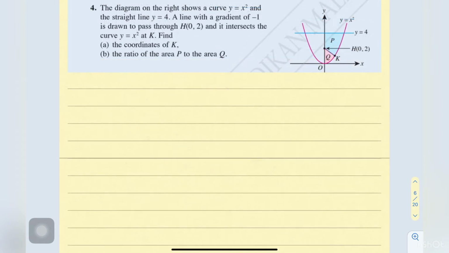For B, find the ratio of area P to area Q. So ratio area P is to area Q. Area P is the blue shaded region and area Q is the pink shaded region. For area Q, actually you can divide it into 2: the triangle and another shape, the area under the graph.